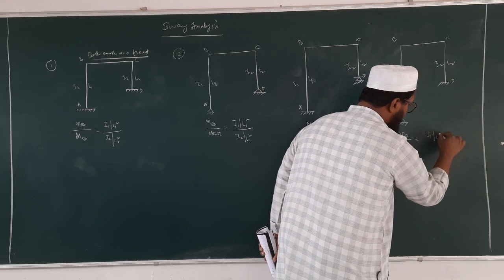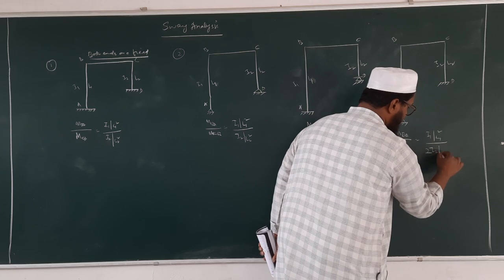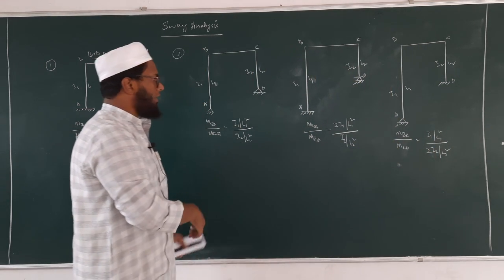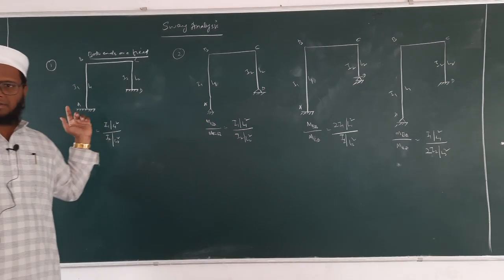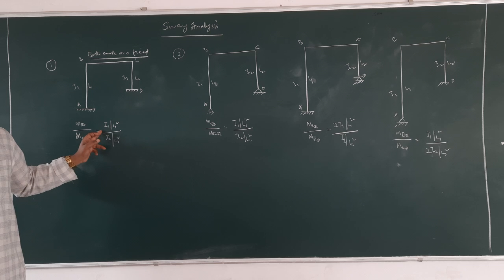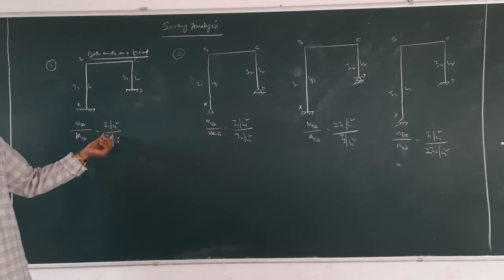So I1 by L1 square divided by 2 I2 by L2 square. It's very simple, right? If you see carefully, when both ends are hinged or both ends are fixed, then the moment ratio will be same. That is I1 by L1 square divided by I2 by L2 square.